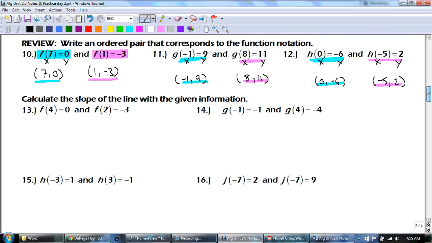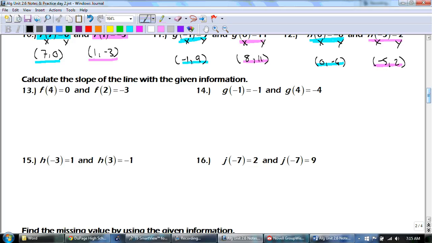Okay? That's important because now when we're calculating the slope of a line when given that information, we're going to do the same thing here. Because first, we're going to turn these into points, 4, 0, and 2, -3. And then we're going to use the slope formula. Okay, so -3 and 0. And then on the bottom, I have 2 minus 4. -3 minus 0 is -3. 2 minus 4 is -2.